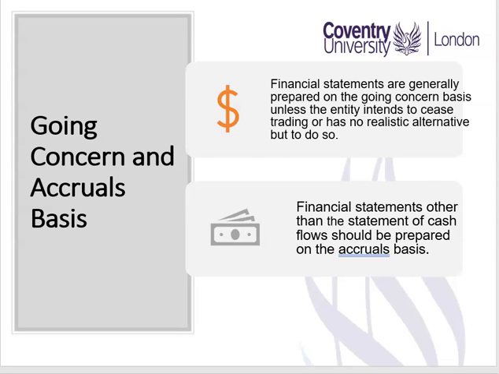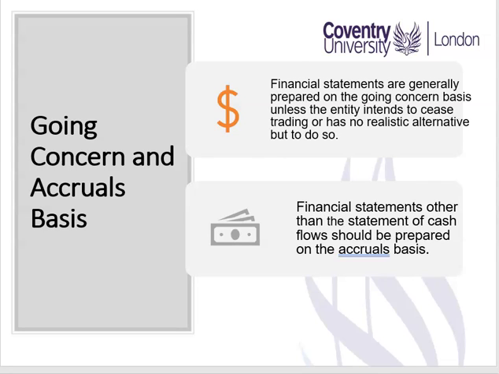So the remaining 2,000 becomes receivables. Similarly, expenditure is recognized when incurred, not when it is paid for. So if a business incurs an expenditure worth £5,000 and only paid 4,000 out of that during the year, then the whole of the 5,000 is recognized.